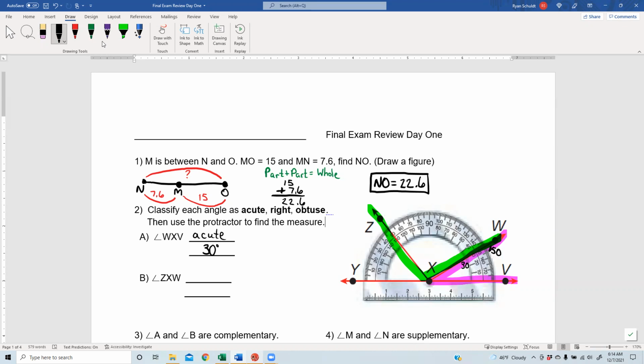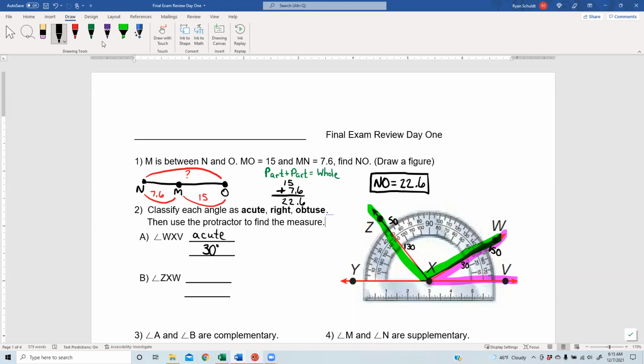Z, let's see, Z on the outside is at 50. Inside, it's at 130. So now, on the first angle, it was resting on the bottom, which meant I just had to pick which one I was going with.